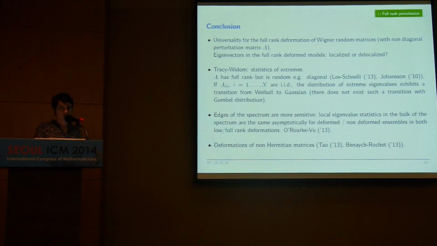It happened that for the bulk of the spectrum, the deformation has no impact. This is a result of Ahn and Wu. This is the same for deformed and non-deformed ensembles. So deformation only impacts actually the edges of the spectrum for both additive and multiplicative deformations.